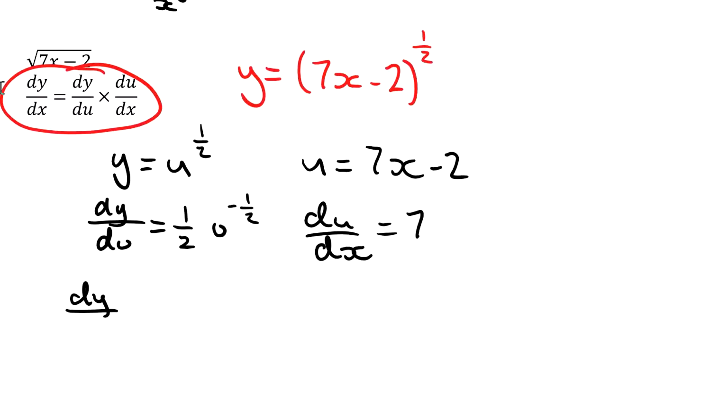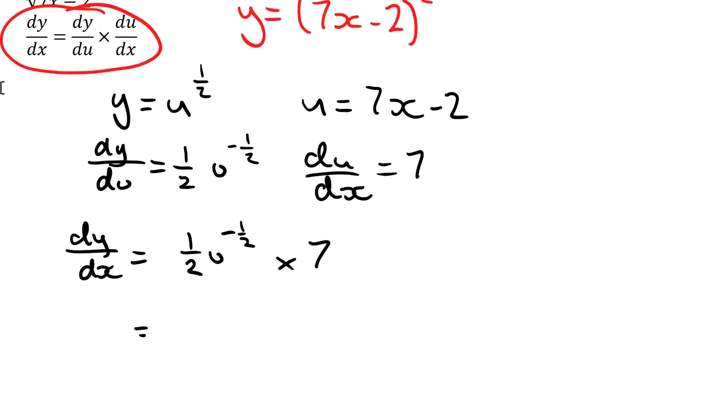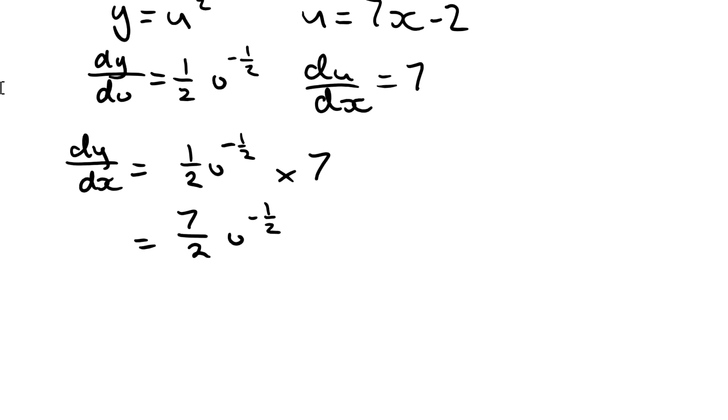So dy/dx will equal 1 over 2u to the power of negative a half times 7, which will be 7 over 2u to the negative a half. We can replace our u, so substitute our u back in. Remember, u was 7x minus 2.